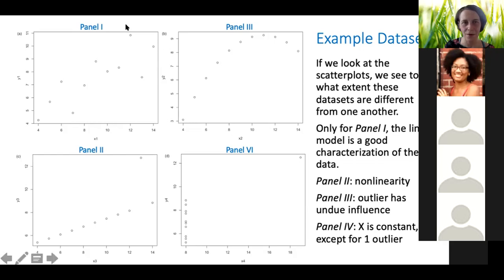For all but this first data set, a linear relationship is an inappropriate characterization of the data. That means if we relied only on our regression model and the numbers that we are getting, we would come to completely inappropriate conclusions. That is why it's so important to look at your data.